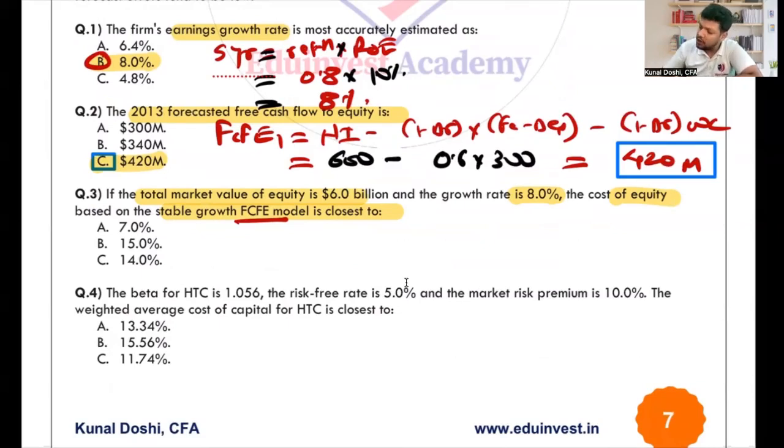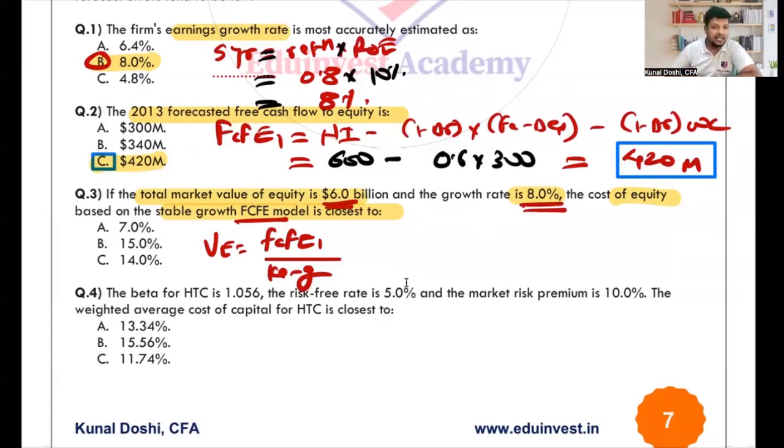So what normally we do is, in order to calculate value of equity, we require FCFE forecasted over cost of equity minus growth. Now here they've given me growth. I have the FCFE already from the previous case and I have the total value of the company, right? So what is my value of the company? 6 billion, that is 6,000 million.